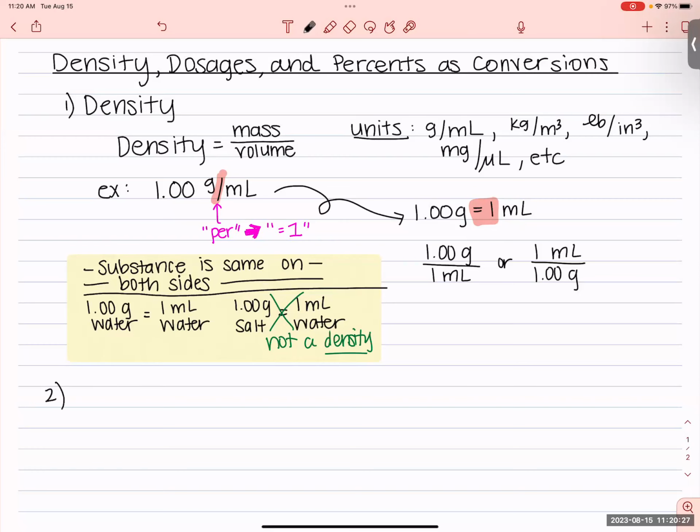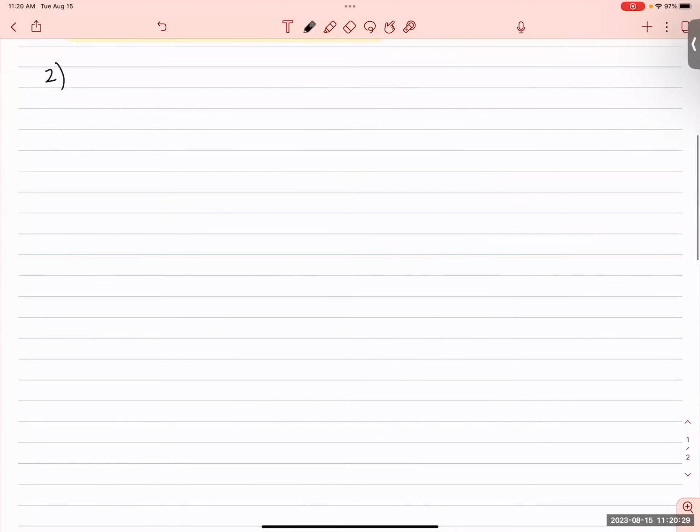Another thing we can use as a conversion factor is a dosage. And I specifically point this one out because many of you will be going into healthcare or nursing, and you're going to encounter lots and lots of dosages. So a dosage is just the amount of medication or substance. We'll just say medication here.